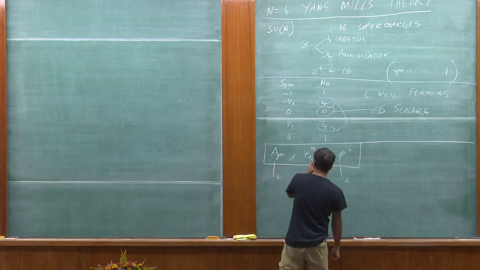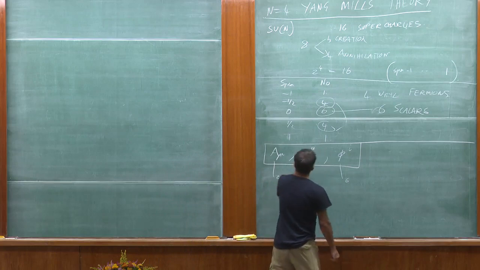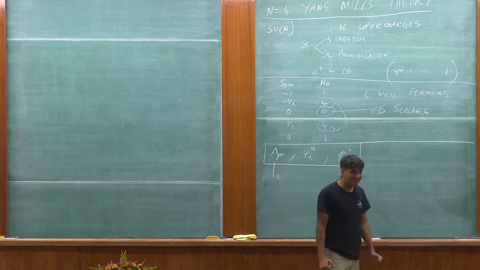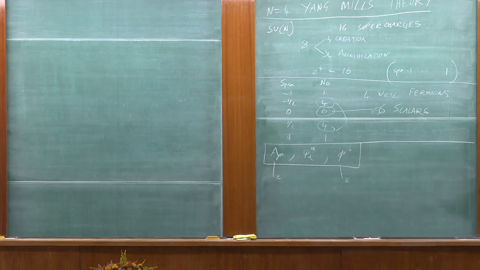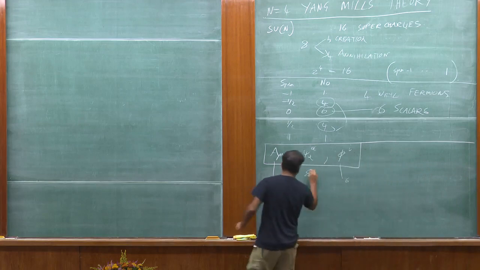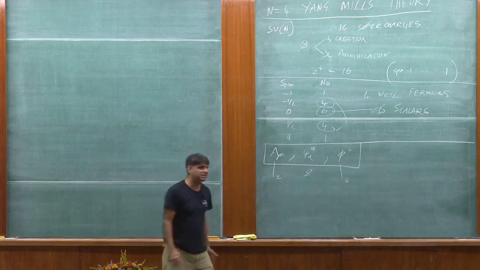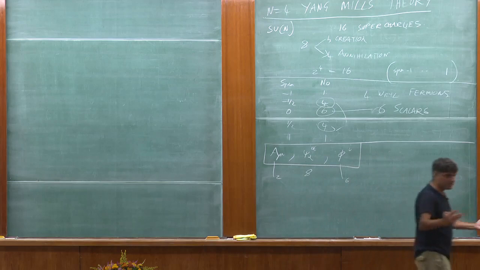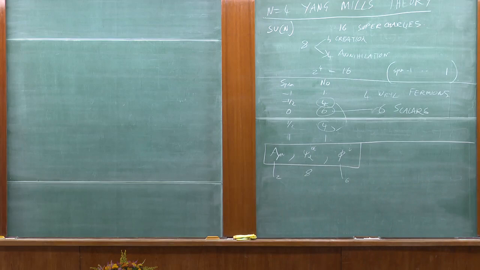And here there are 8 complex fermions, but complex cancels with the fact that fermions are first order, so there are 8 degrees of freedom in these fermions. So the total number of degrees of freedom is 8 bosonic, 8 fermionic, making up the 16 degrees of freedom of the multiplet. Is this clear?